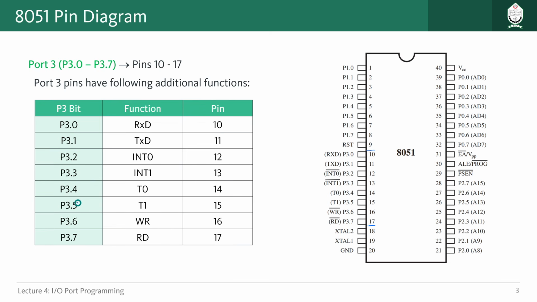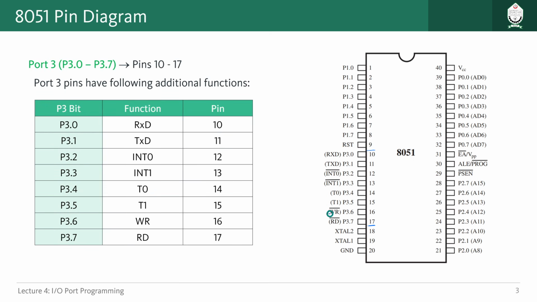Pins 3.4 and 3.5 can serve as timers, and pins 3.6 and 3.7 are the read-write pins for when we connect an external ROM with our 8051. In those cases, they act as the read-write pins.